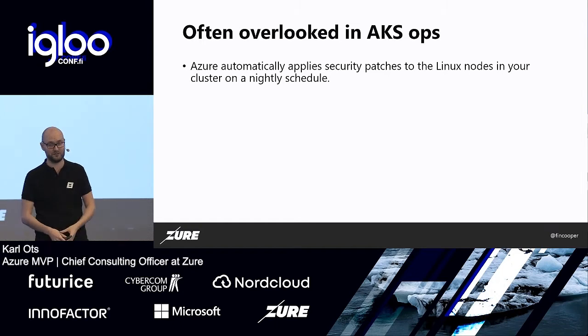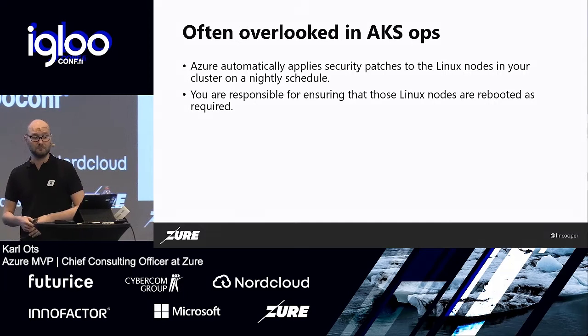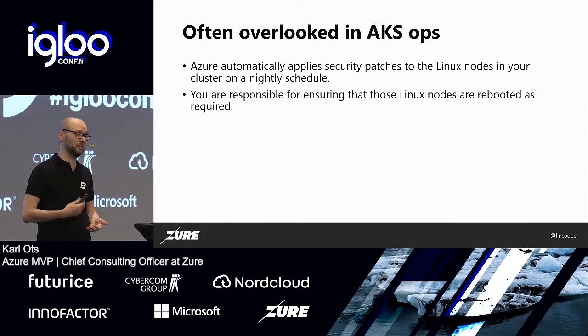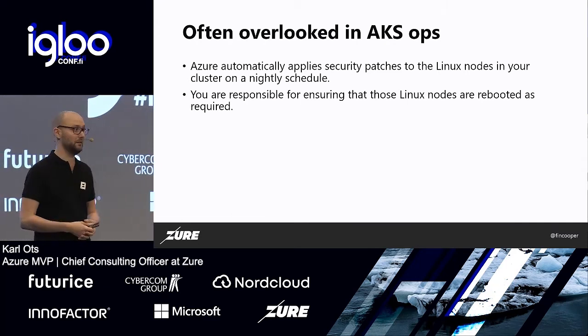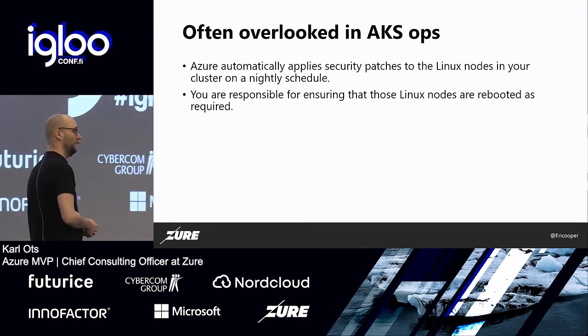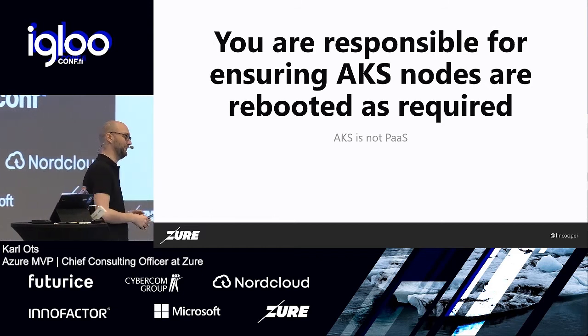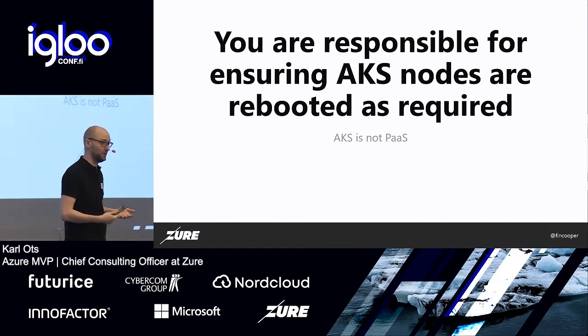Every night they go ahead and download all of the patches. But we are responsible for ensuring that those virtual machines are rebooted, or if some applications need some extra configuration after those patches. So we are really responsible for making sure that those nodes, those virtual machines, are actually updated.